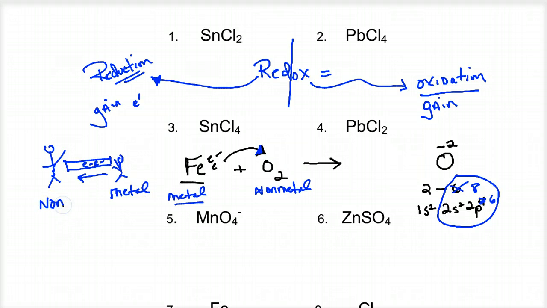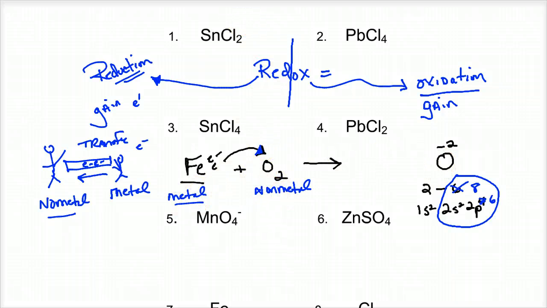And the reason why I've kept telling you this story is to remember there's a transfer of electrons here, and it's the reason for these redox reactions, which are reactions where electrons are moved from the metal to the nonmetal.